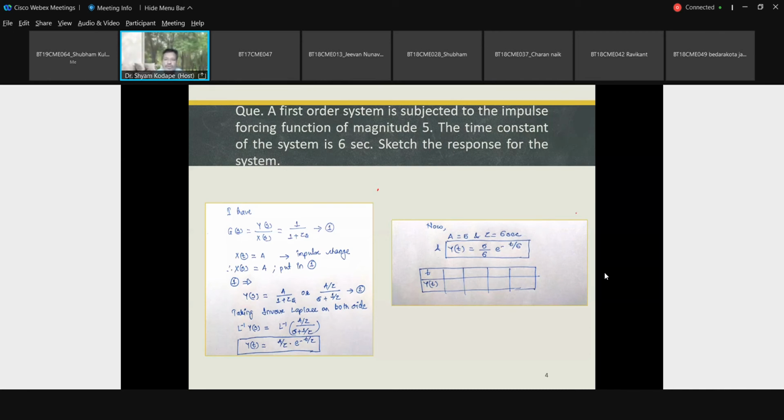It will not grow with respect to time. If the power of e was positive, there would be exponential growth. But here e raised to the power minus something is exponential decay. What is happening? Decay is happening. That means it will reach its original steady state.